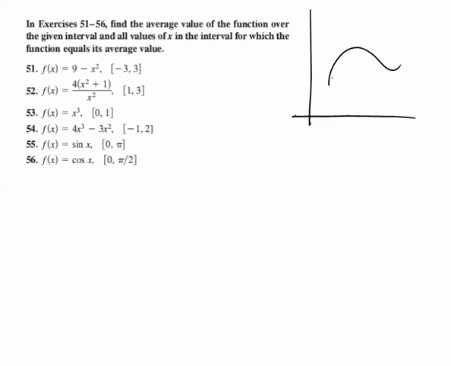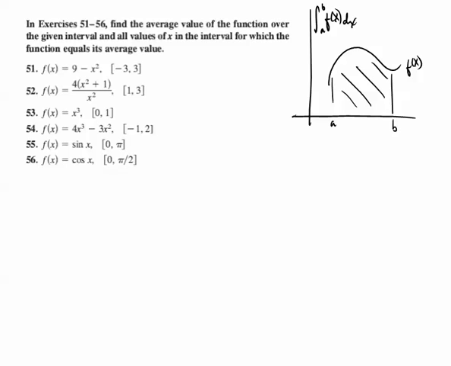So we have a function from a to b, and we know that there is an area under the curve between the curve and the x-axis from a to b, and that is given by the integral from a to b of f of x dx, assuming that this curve is the curve of f of x.